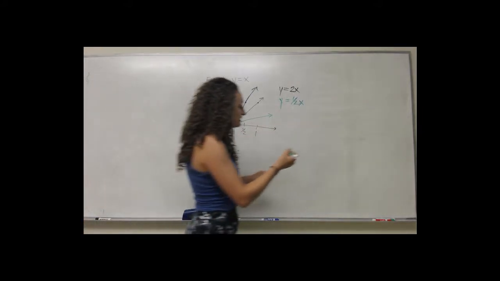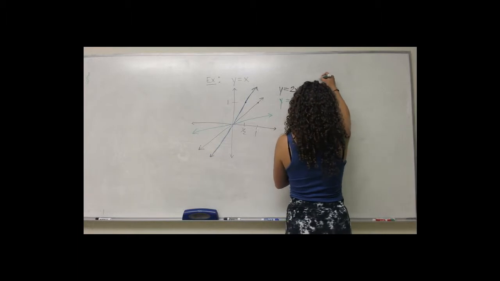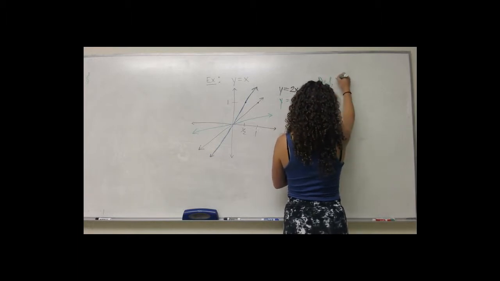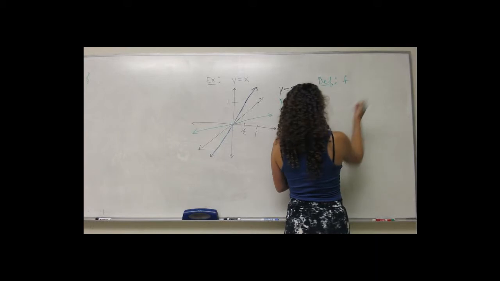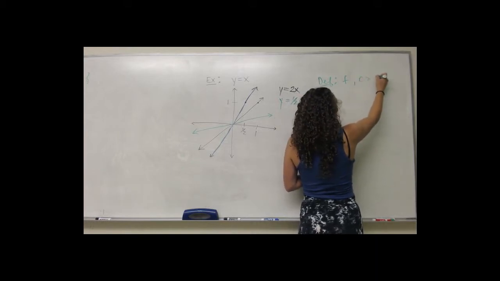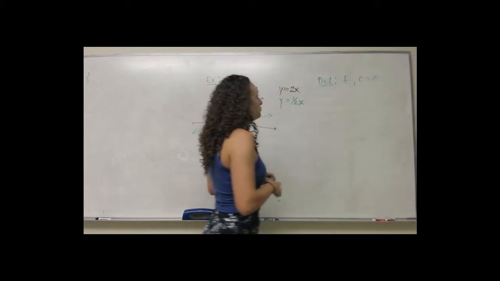So this tells us the horizontal rule. Let's remember f is our function, c is some constant greater than 0.